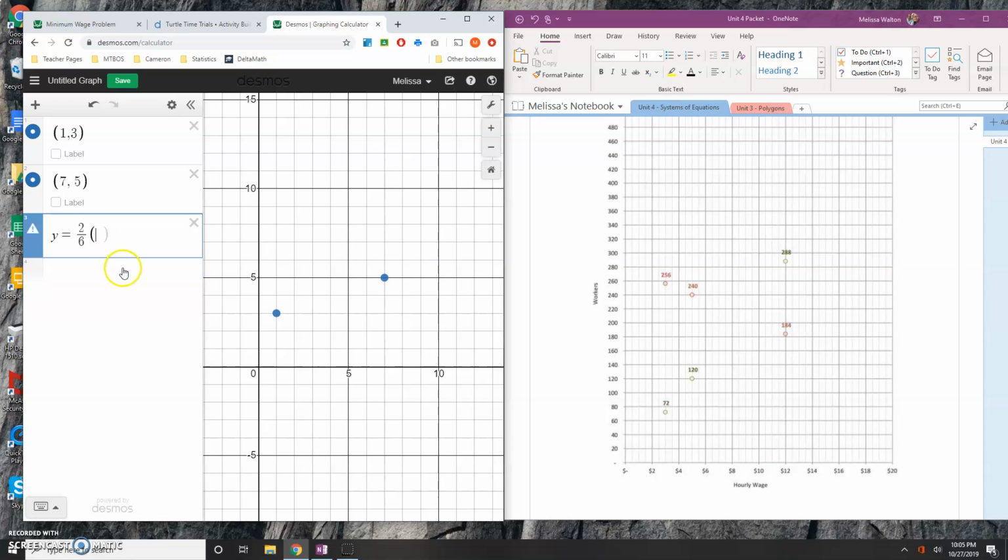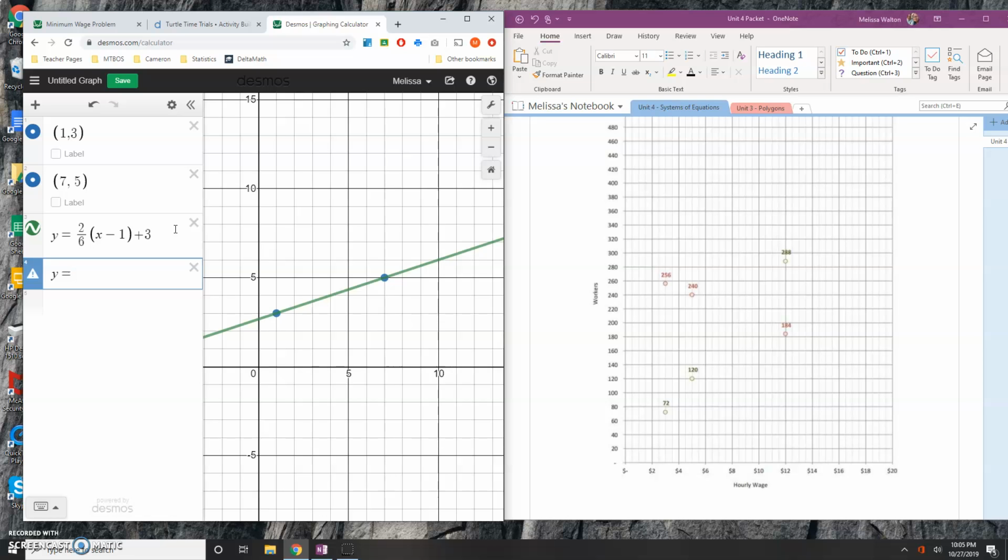Now, you do need to locate, hey, we went up 2 over 6. Well, we got to determine what point it goes through. We could choose this point. This we went right 1, up 3, so we would have x minus 1 plus 3. Sure enough, we just wrote a line that goes through those 2 points. Now, if you would have chosen the other one, fret not, it would work out as well.